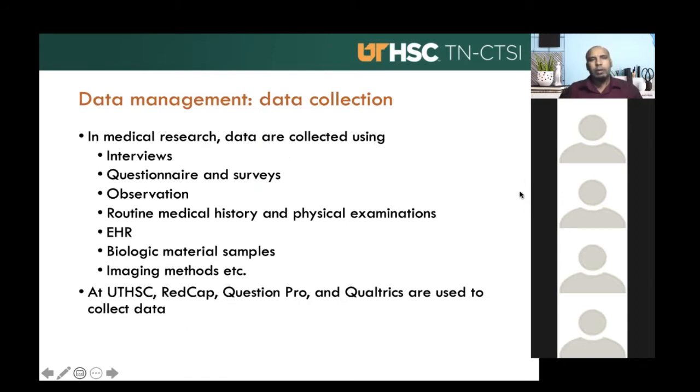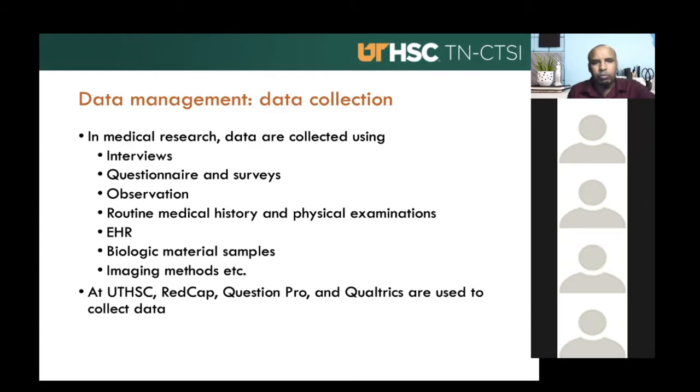So for data and data management, we start with the data collection. In medical research, data are collected using interviews, questionnaires, and surveys. Surveys are shorter forms of questionnaire. Data are also collected using observation, during routine medical history and physical examinations or clinic visits of patients. And data are also extracted from electronic health records.